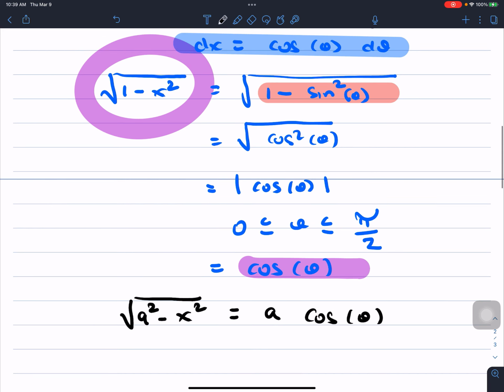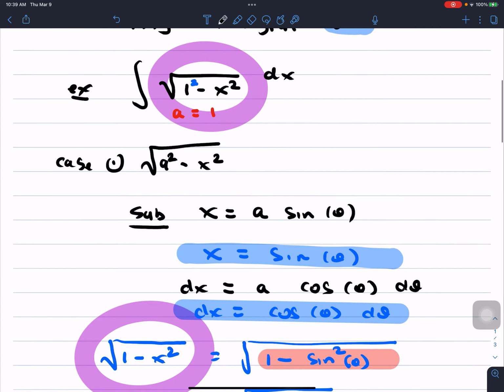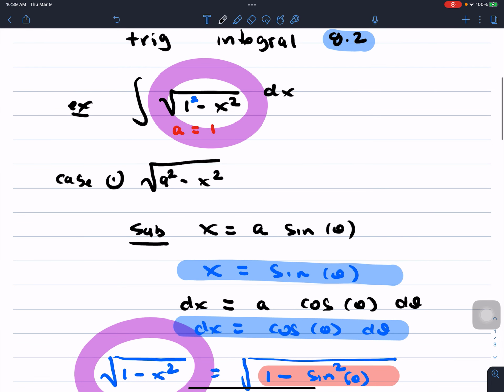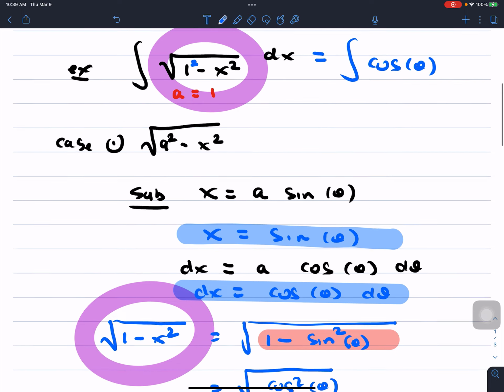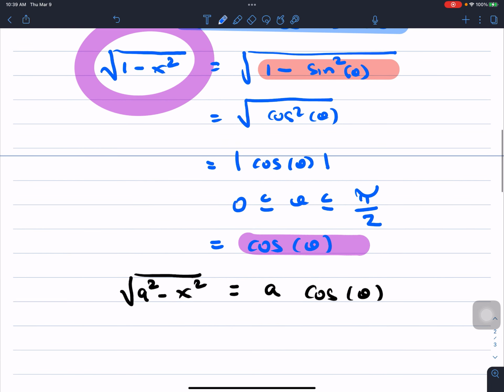Because they're going to have a be, well, a is going to be positive, but okay. So in this trig substitution for case 1, you're going to replace the radical. The radical is just going to be what now? Cosine theta. So far, so good? Because that's what you proved. In purple, that's just cosine theta.